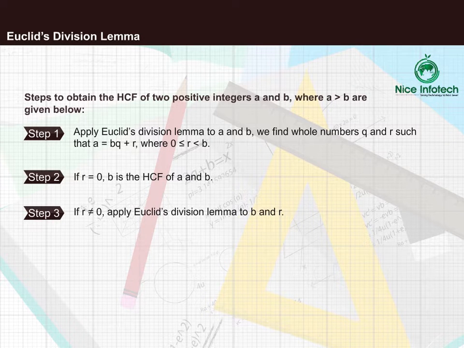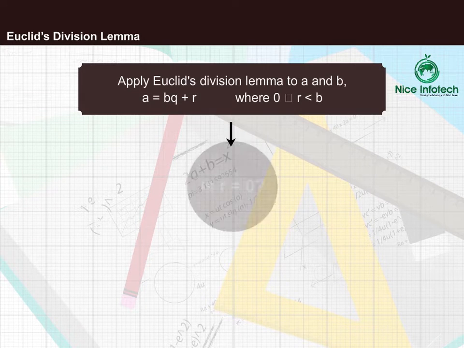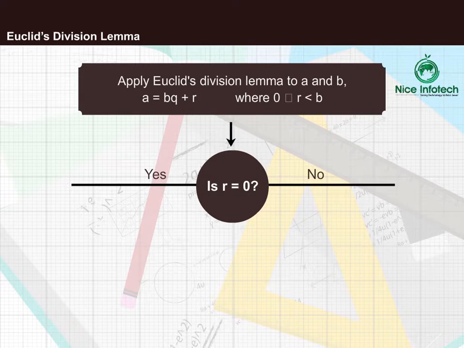Step 3. If r is not equal to 0, apply Euclid's division lemma to b and r. Step 4. Continue this process till the remainder is 0. The divisor at this stage will be the required HCF. Let's see this in the form of a flowchart.